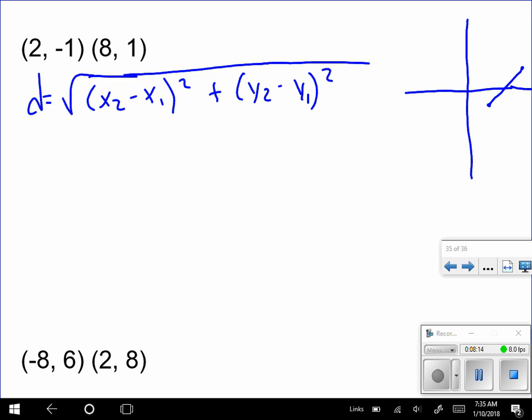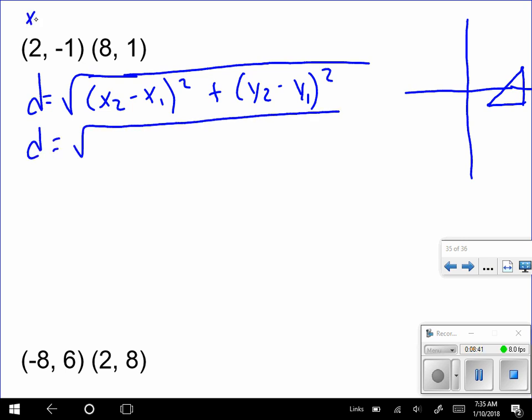We could always draw in these points, use the coordinates to count the side lengths, and use the Pythagorean theorem to find this distance. We'll look a little bit at that depending on which class you're in, either today or tomorrow. But the distance formula is just one way, so we wouldn't have to draw that every time. That will work.